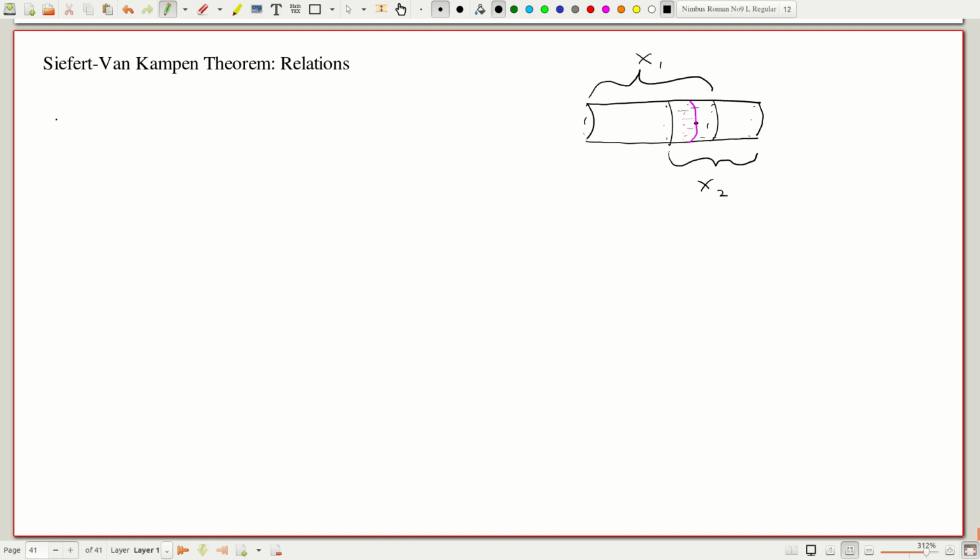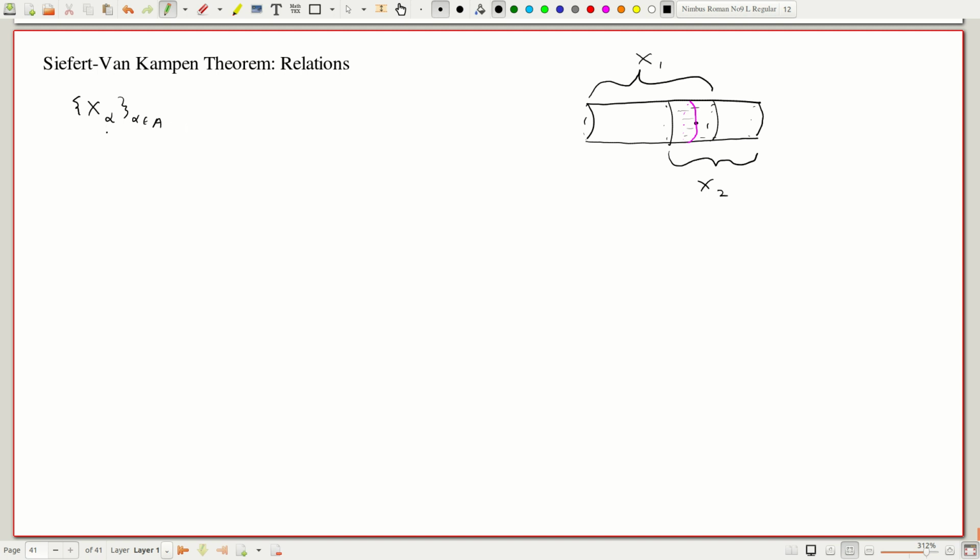So let's look at the statement a little bit more precisely. The same thing about a loop here and there. Remember that we have now a collection, which I'm going to again call X alpha, alpha in A, because I and J are used for inclusions. So we'll live with the fact that alpha is also used for loops, but here it will be reserved for indices.